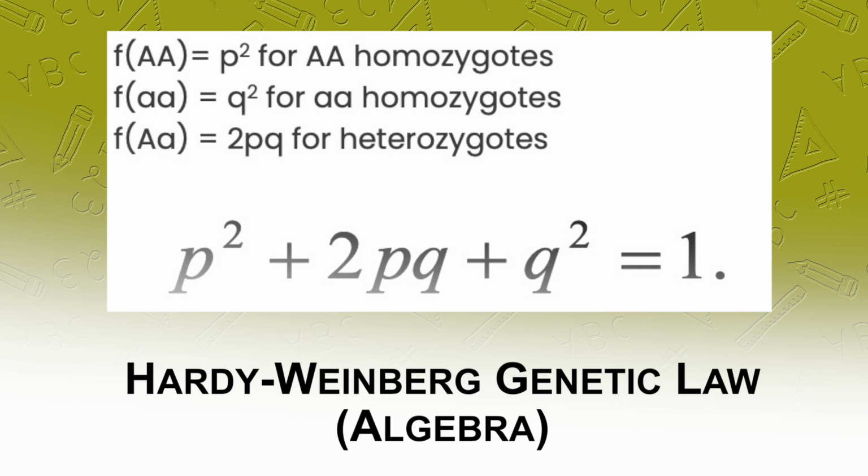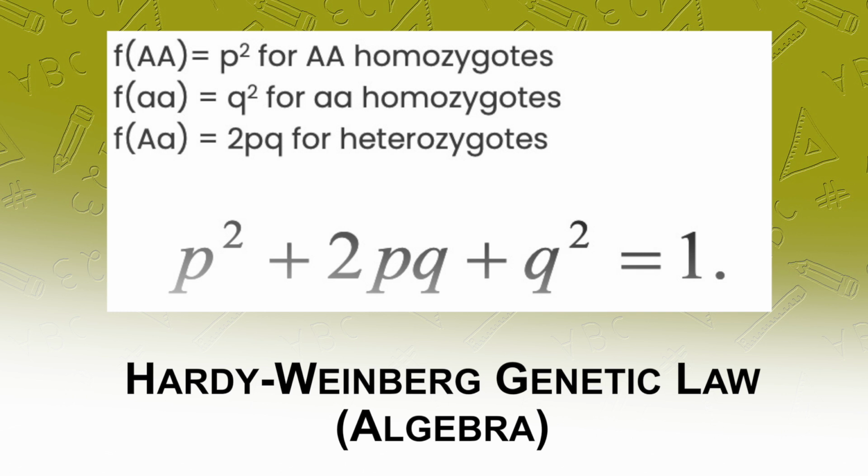FAA is p square, simply the AA homozygotes, extended by F capital A and small a equal to 2pq, because there is a distinction between capital A and small a, referred to by 2pq.